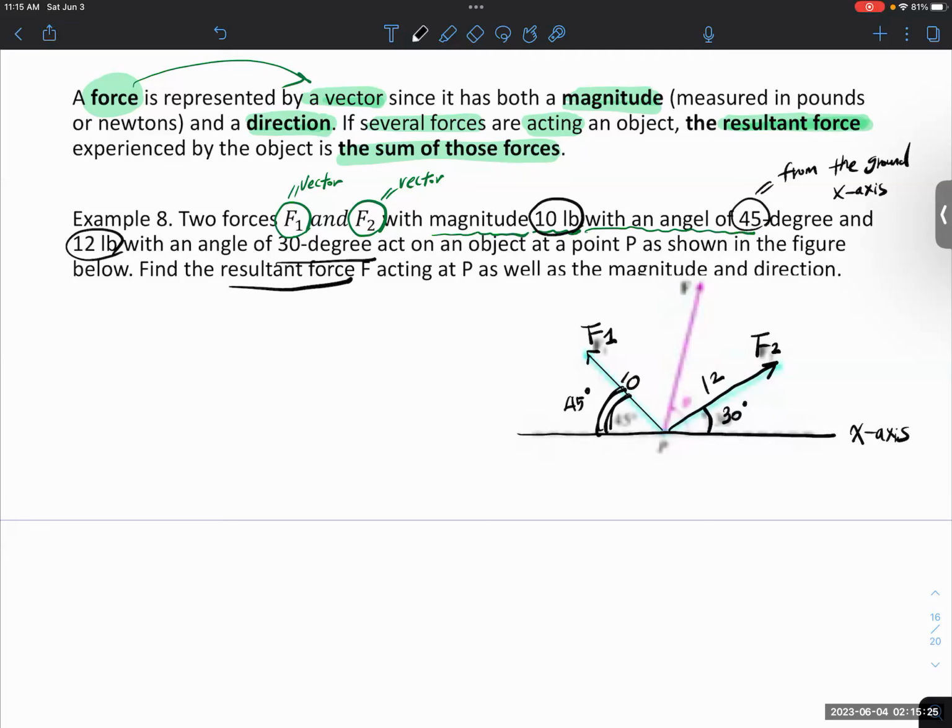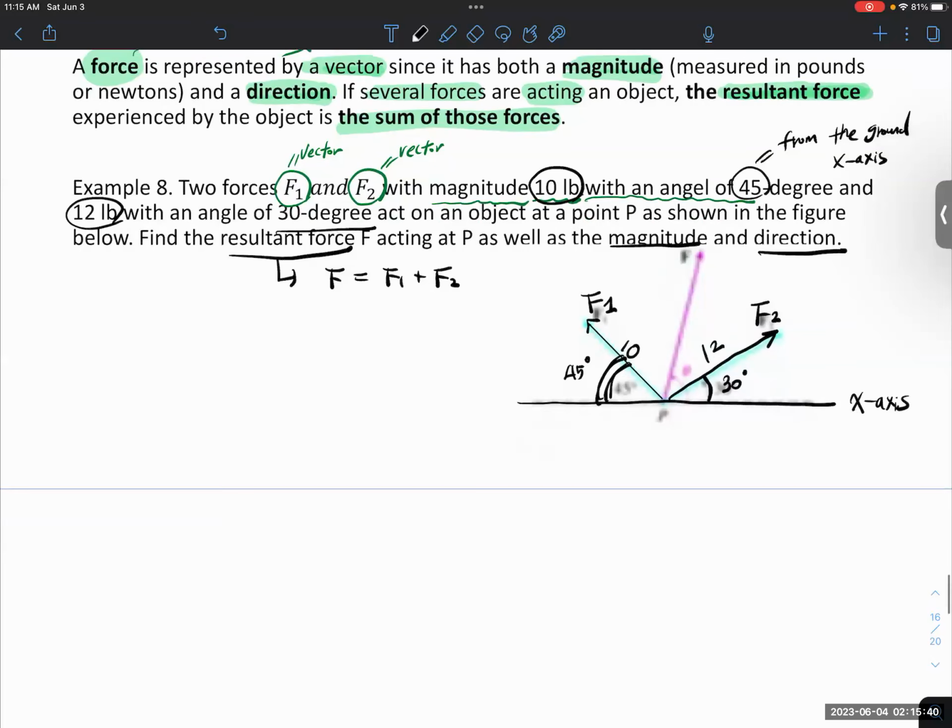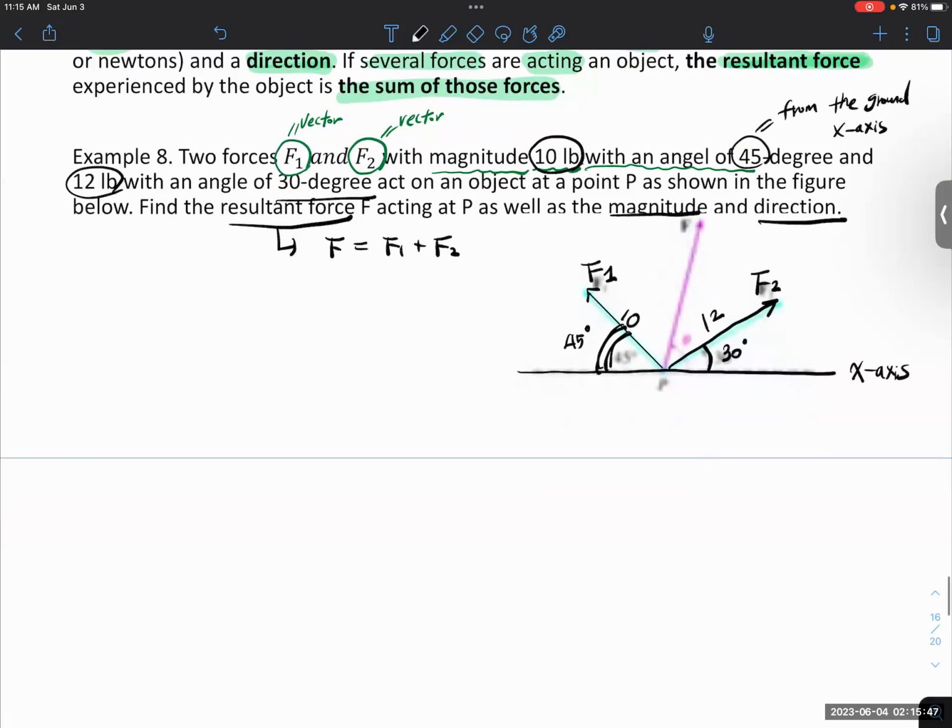So first, we need to evaluate the F1 vector and the F2 vector. At the end, we're going to find the resultant force, F1 plus F2, and then we're going to find its magnitude and direction again. Are you following the concept so far? Okay, we're good. So let's find force 1 first.